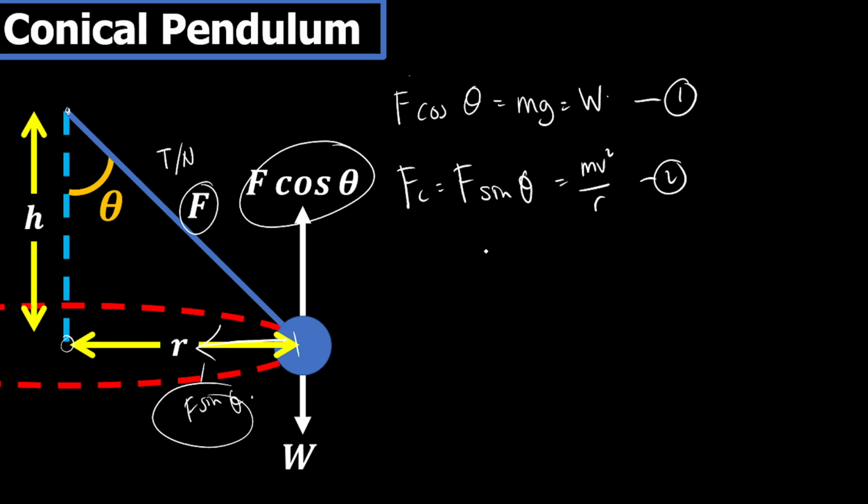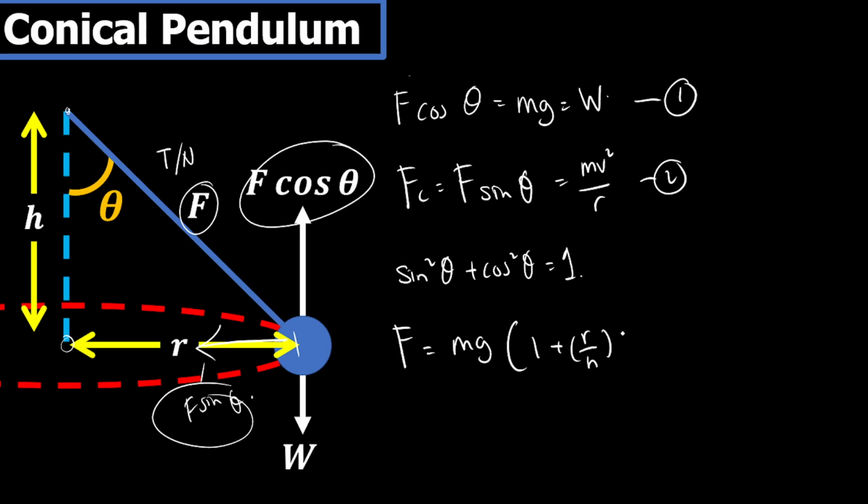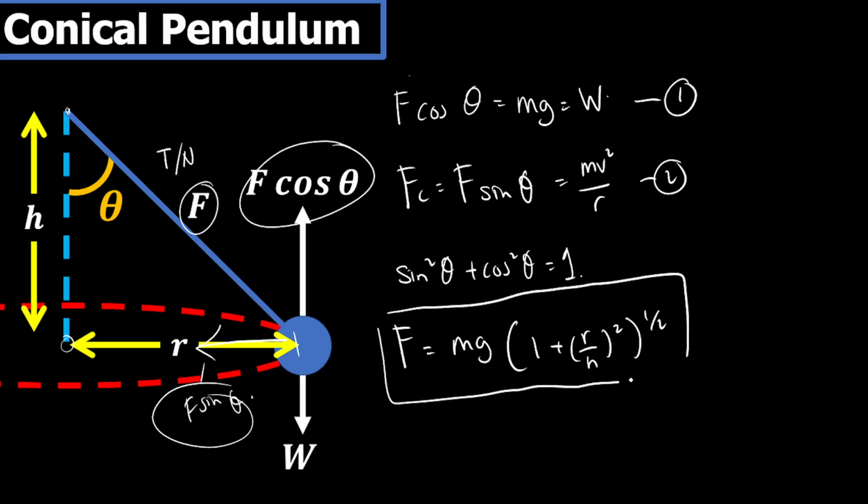One way to do it is to remember sine squared theta plus cos squared theta equals 1. Right? That should give you a value of around F equals mg times the square root of 1 plus r over h squared, square rooted. So that would be a great exercise, though it is a bit too advanced for your liking, or at least for the matriculation level.